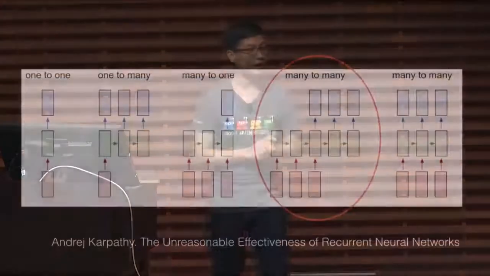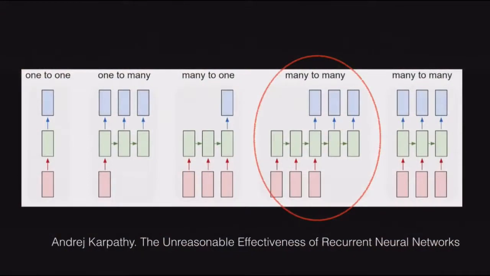So let's check out what Andrej Karpathy has to say about recurrent networks. Andrej said that there's more than one way that you can configure neural networks to do things. You can use recurrent networks to map one-to-one, right?